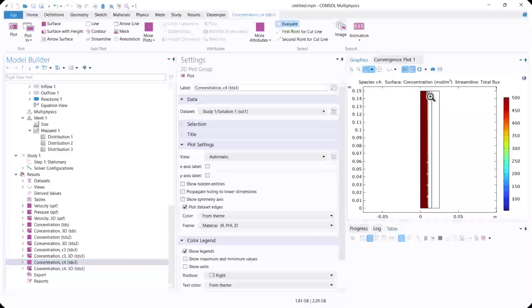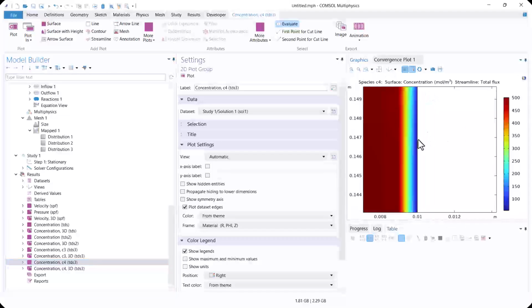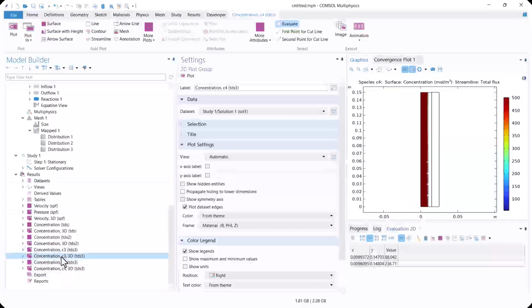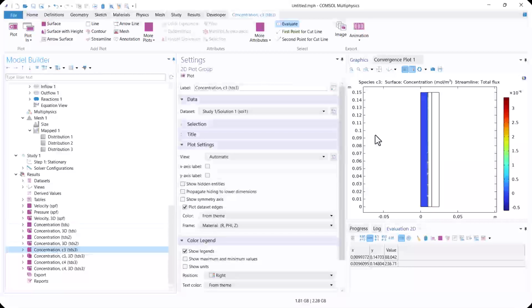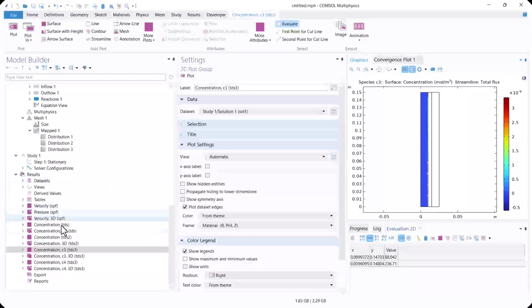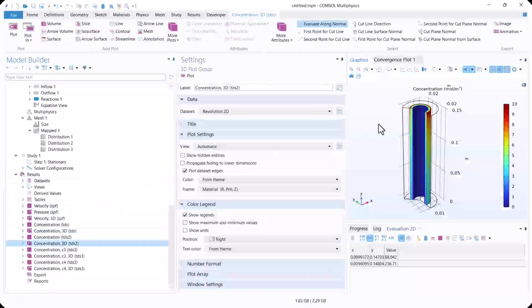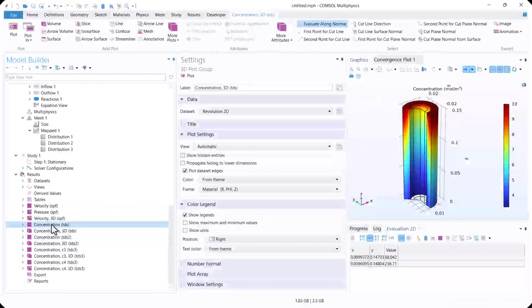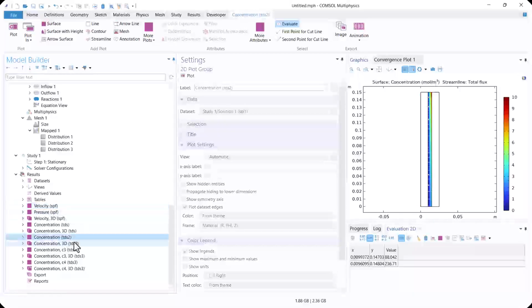As you can see, it is our C4, the liquid component in the liquid phase, and this is our C3, the concentration of the gas component in the liquid phase, and it is our 3D domain here.